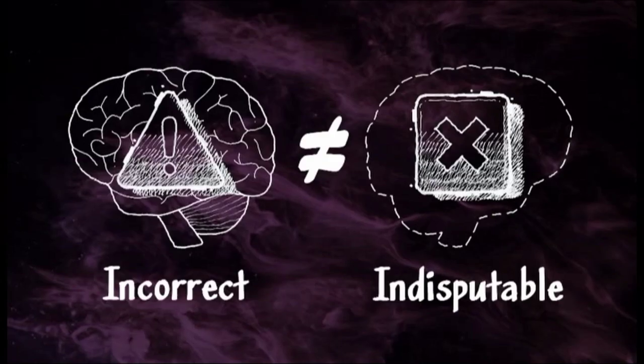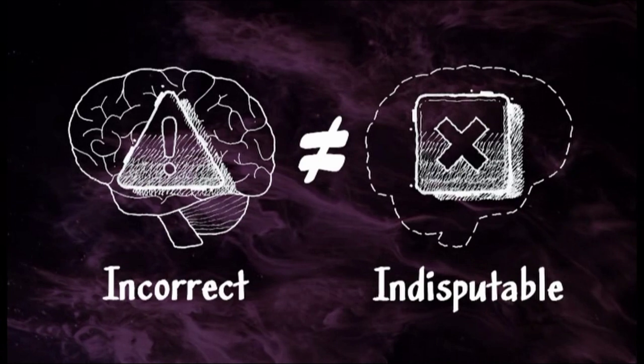Let me give you another example of the difference between mind and brain. I might hear a noise in the next room and think there's a burglar in the next room. But I'm wrong. There's no burglar in the next room. I'm afraid there is. Now, I could be wrong about the presence of a burglar, the existence of the burglar in the next room, but my fear of the burglar in the next room is indisputable. This is the difference between physical things and mental states.